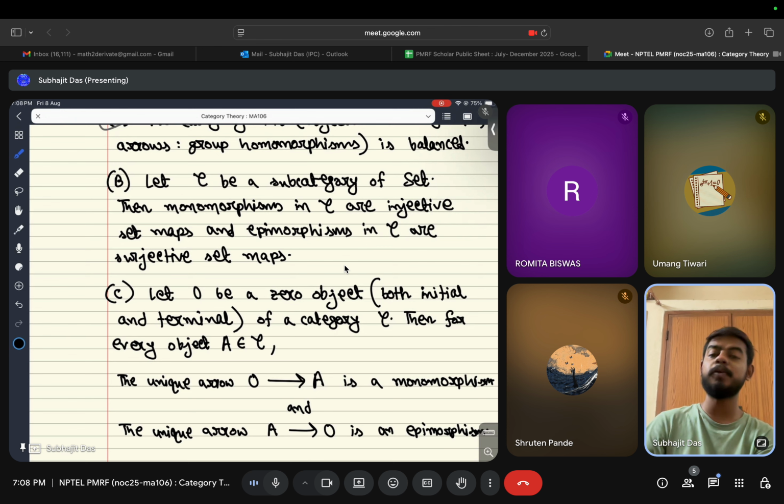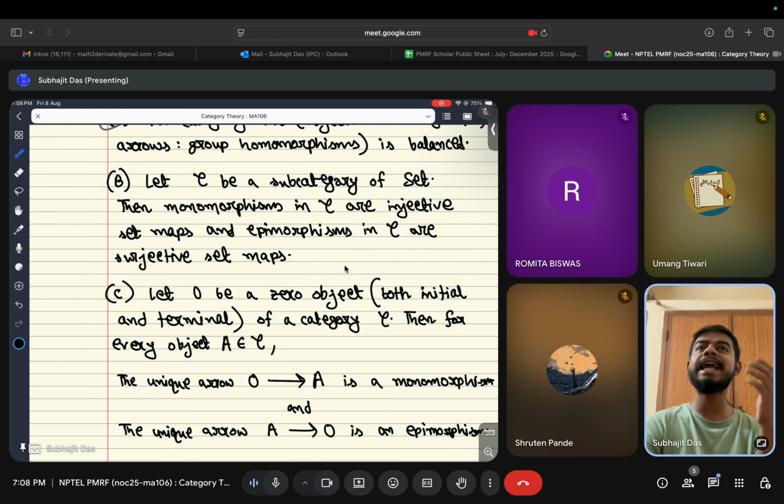If you have a monomorphism in a smaller category, that might not be a monomorphism in the bigger category, because an arrow in a smaller category which is left cancelable need not be left cancelable in the larger category, because the larger category can have arbitrarily more morphisms, right? More arrows.